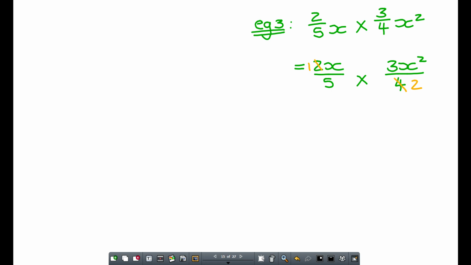We multiply everything at the top, meaning we multiply numerators, and then multiply everything at the bottom, meaning multiply denominators. Okay, so let's do that. So at the top, after cancelling out, I have 1x times 3x squared, and that will be 3x to the power of 3.